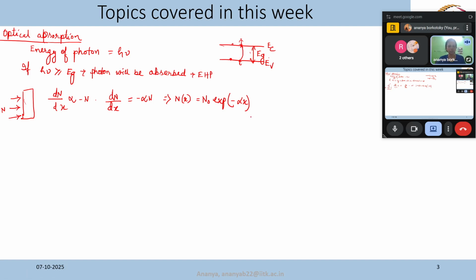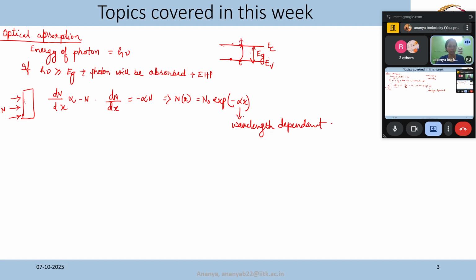Now we know that the absorption of photon depends on whether the energy of the photon is higher than the band gap of the semiconductor or not. That means it depends on the frequency or wavelength of the photon. So alpha is wavelength dependent. And what is the unit of this alpha?